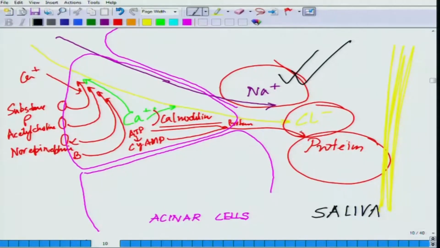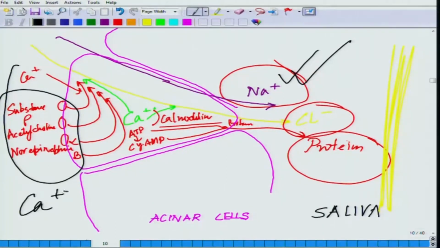So there are gated sodium channels. Chloride is being regulated by multiple routes through calcium especially, and calcium is being regulated further by these different substance P, acetylcholine, norepinephrine, and then that calcium not only regulates chloride entry, calcium regulated chloride entry.